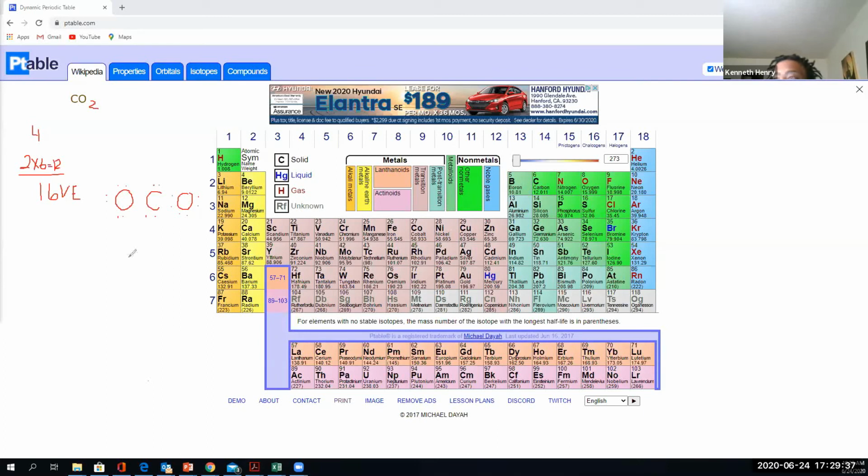So the way that they're looking right now, we want to start moving things around. I'm going to circle them in a different color. We want to fix it so that everybody has 8 around it. So these two, where should I move this so that this guy has 8 around it?